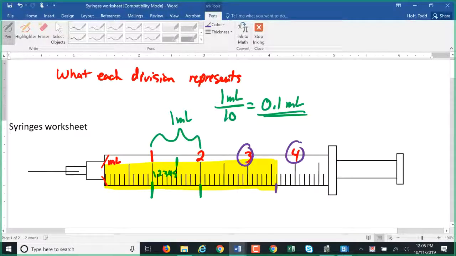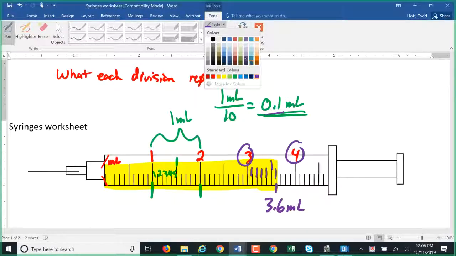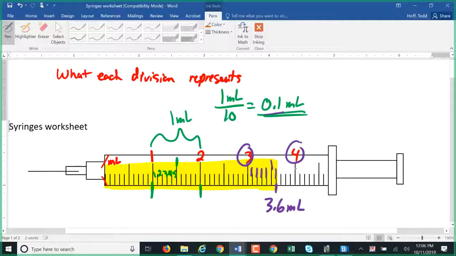From the 3, I know that each division is 0.1 milliliters. This is 3.1, 3.2, 3.3, 3.4, 3.5, 3.6. That's 3.6 milliliters. I could have also worked backwards from 4. This is 4, this would have been 3.9, 3.8, 3.7, 3.6. To the 3.6 milliliters.